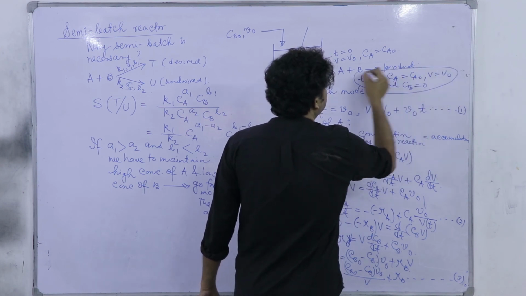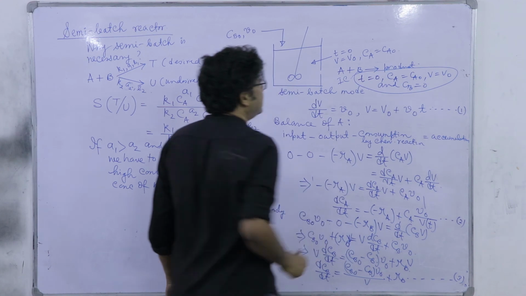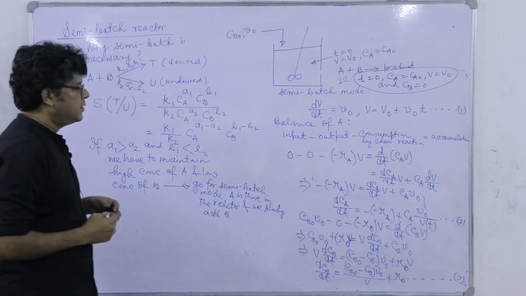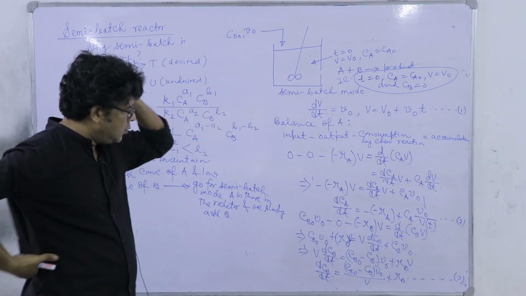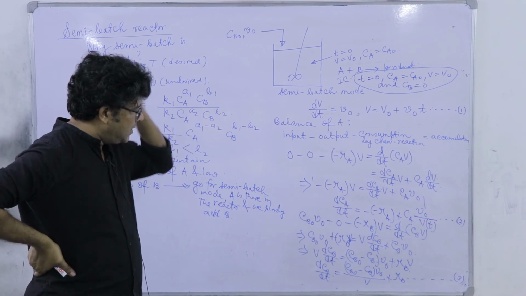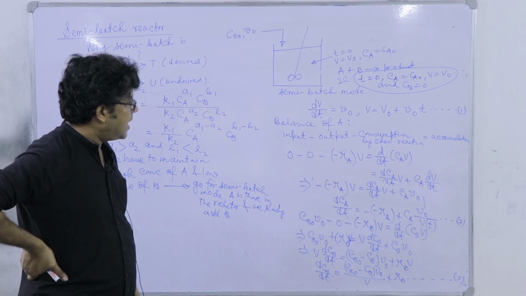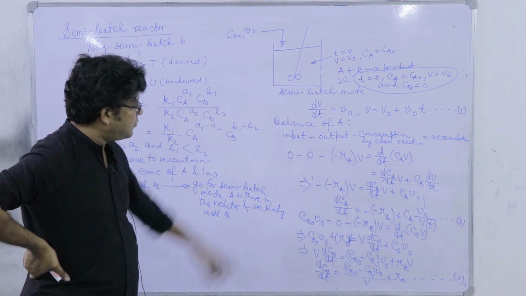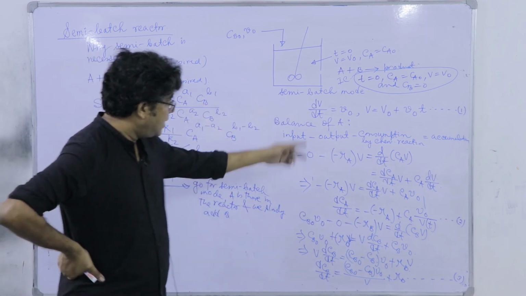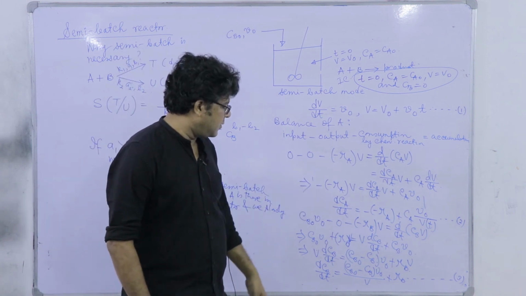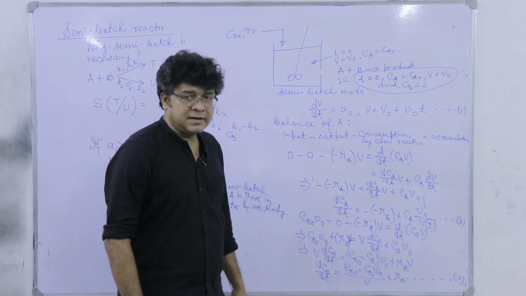So, that is the initial condition. So, with that we can solve these 3 equations maybe numerically, unless it is an easy system like a simple bimolecular reaction A plus B giving product, an elementary bimolecular reaction. Then we can attempt at least some sort of analytical solution.